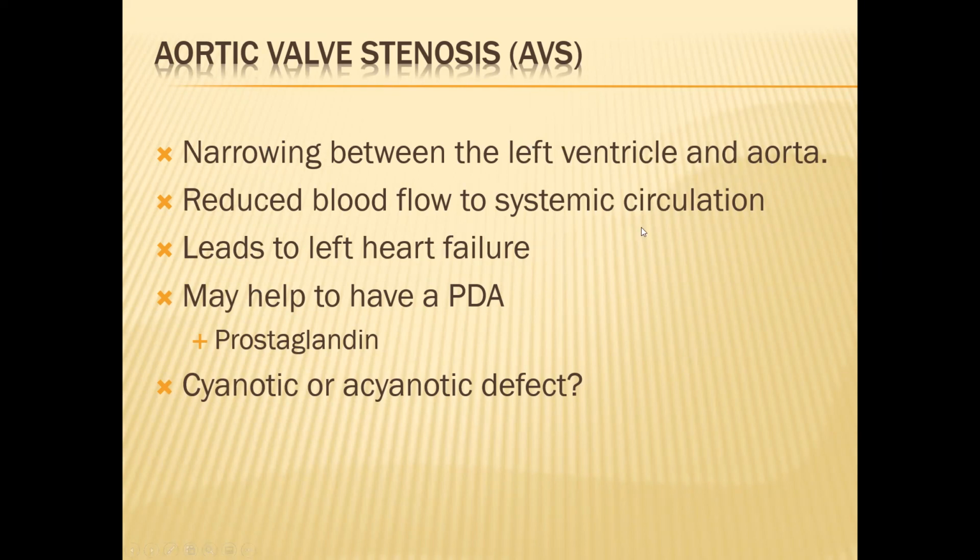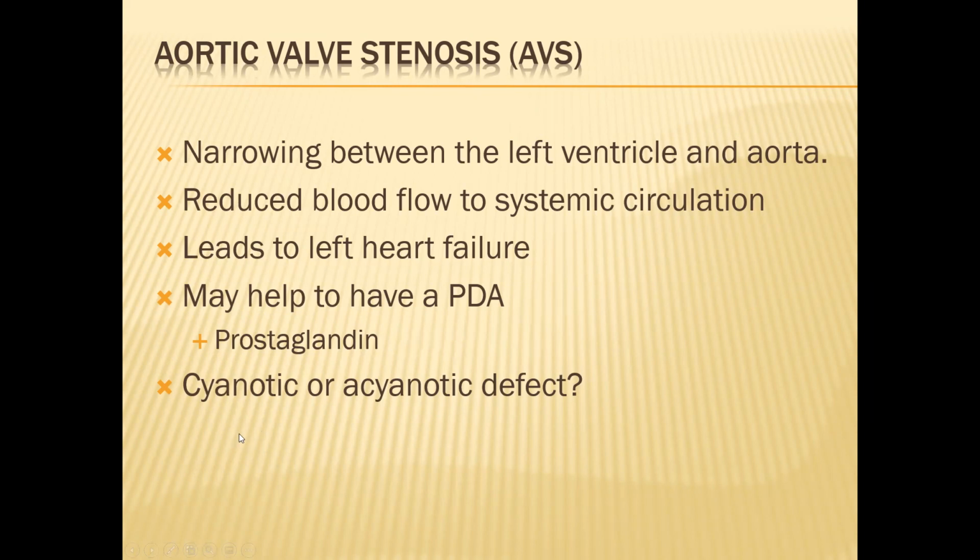You're going to have reduced blood flow to systemic circulation. It leads to left heart failure pretty quickly after birth. So with aortic valve stenosis, it may help to have a patent ductus arteriosus. And how do we keep the ductus arteriosus open? And it tells you to deliver prostaglandins.